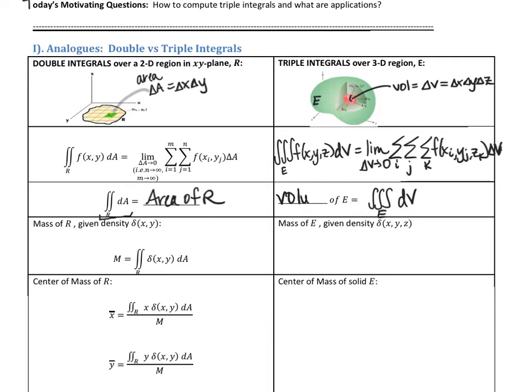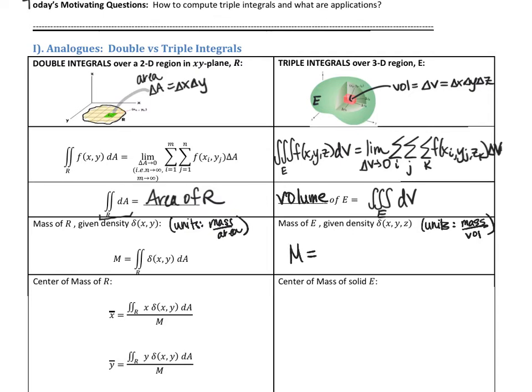So volume. And similarly, just like we could find mass, if I give you the density now of this green blob, and it would be a function of x, y, z, my units in this case would be units of mass per unit volume, as opposed to over here, if I'm just giving you the density as a function of x and y, my units would be mass per unit area.